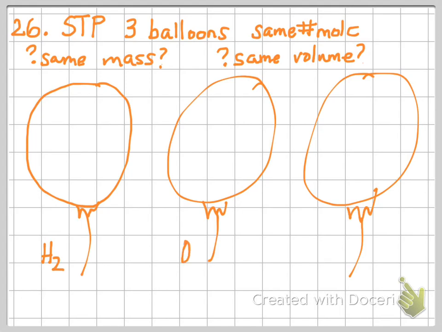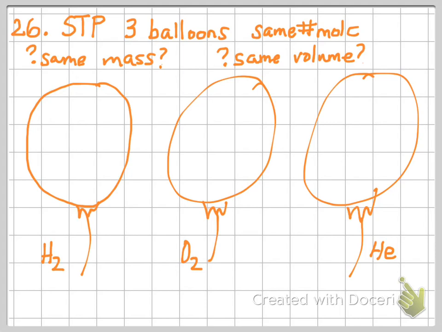Let's make this oxygen gas. And how about if we make this one helium gas? These are our 3 balloons, and we've just picked the gases, because the problem doesn't say what gases they have. They just tell us that it's a different gas. So to make that illustration, I have a hydrogen balloon, an oxygen balloon, and a helium balloon.